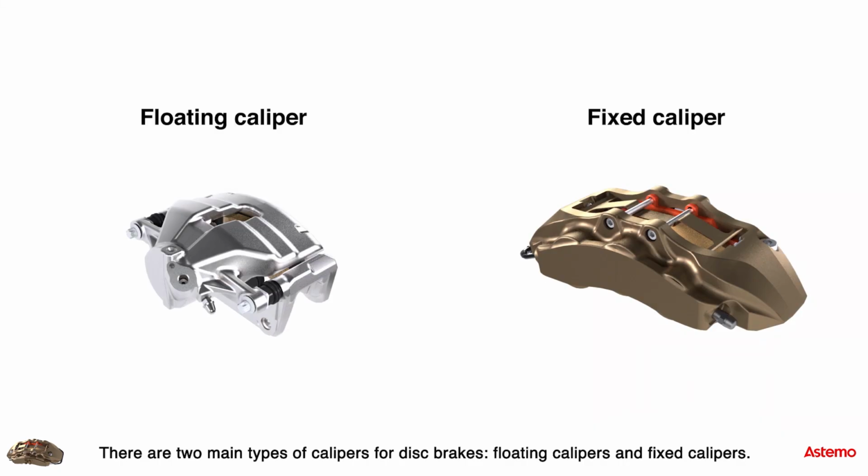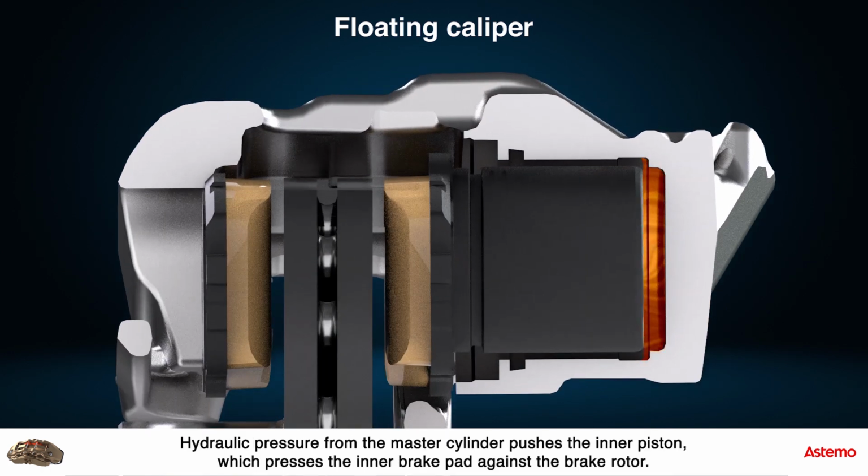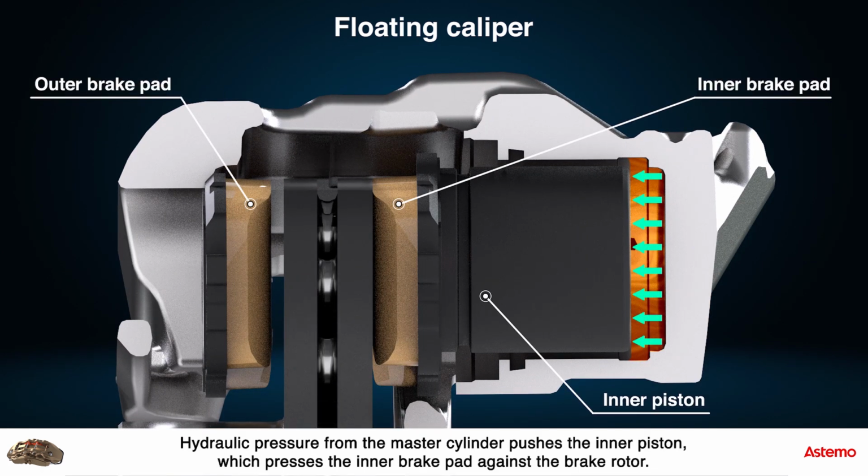There are two main types of calipers for disc brakes: floating calipers and fixed calipers. Floating calipers consist primarily of a bracket fixed to the hub carrier, a movable caliper housing, pistons, piston seals and brake pads. Hydraulic pressure from the master cylinder pushes the inner piston, which presses the inner brake pad against the brake rotor.